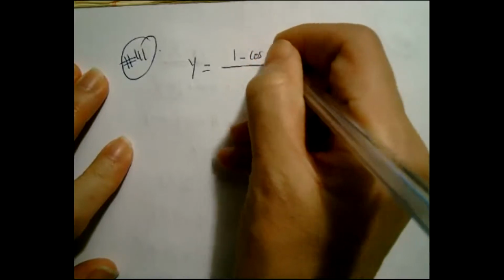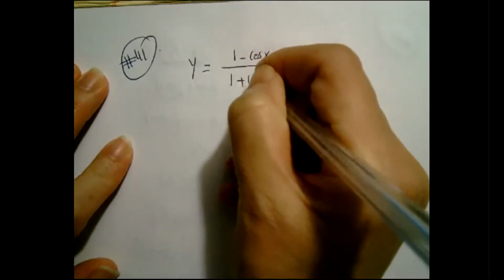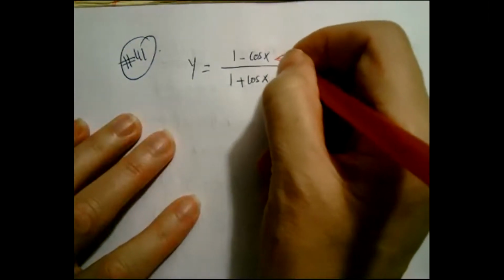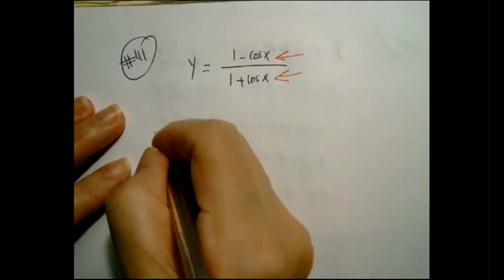Okay, so that's a typical quotient rule scenario. So it's 1 minus cosine over 1 plus cosine. Okay, so that's the quotient of two functions. This divided by that. So we have to use the quotient rule. There is no way out to compute the derivative.